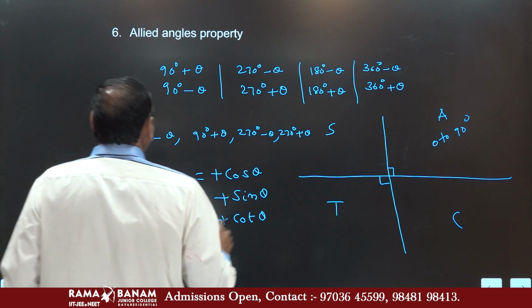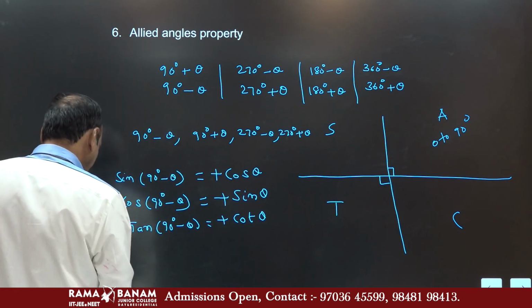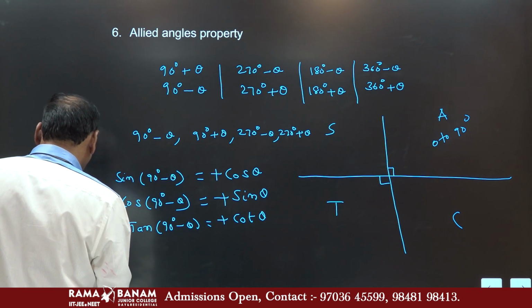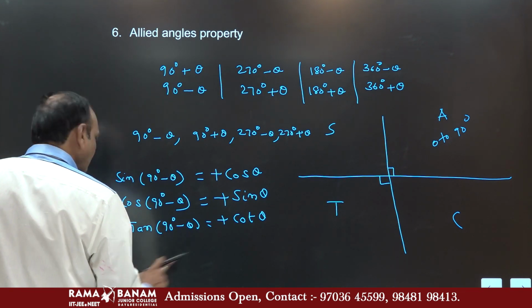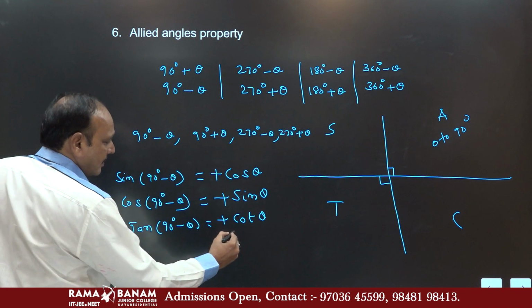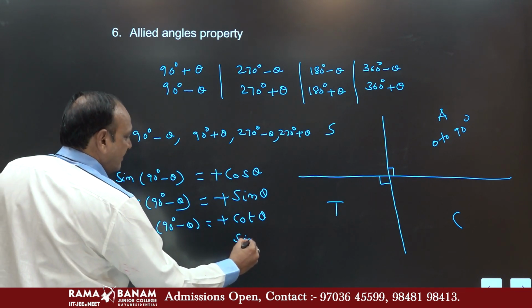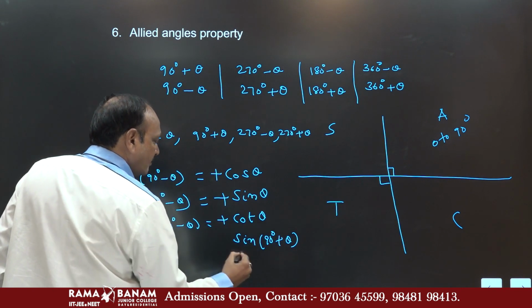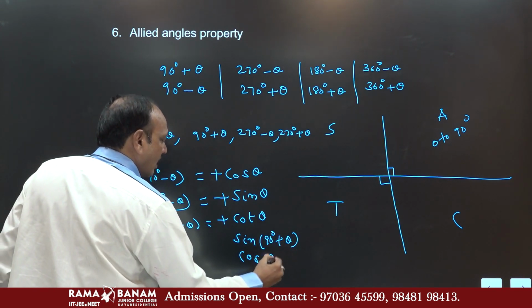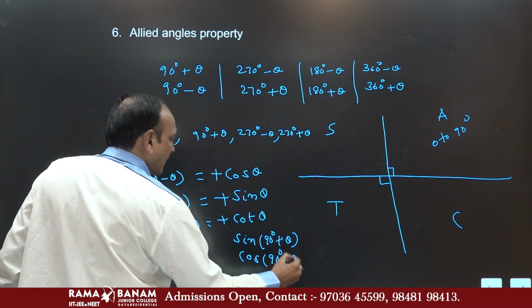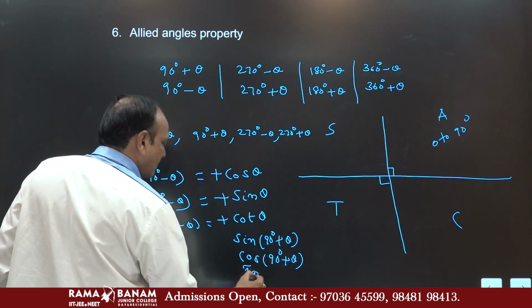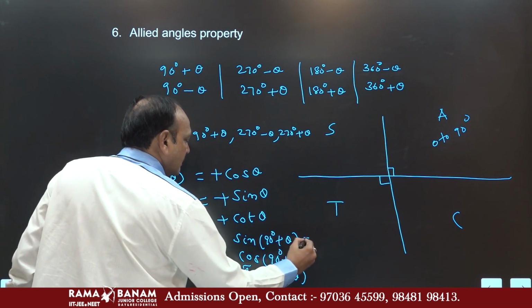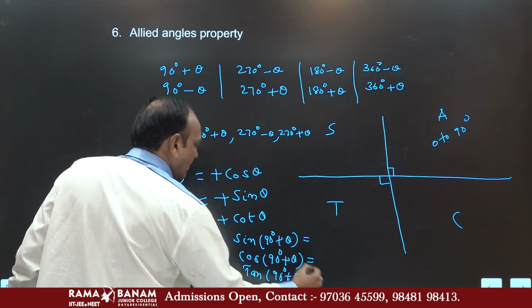Similarly, I can write sin 90 plus theta, again cos 90 plus theta, again tan 90 plus theta is equal to, I am writing.